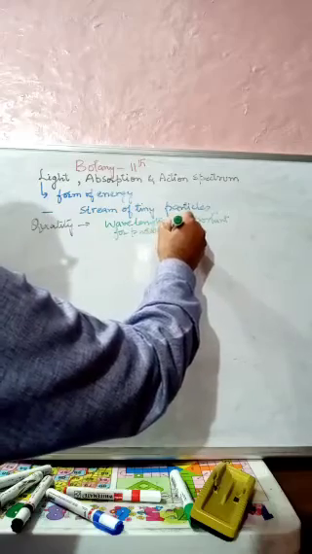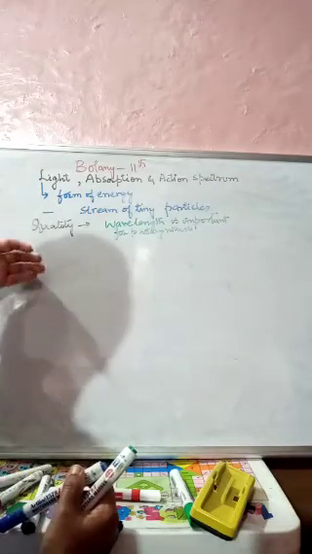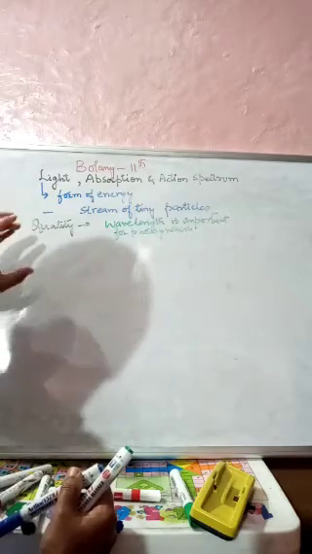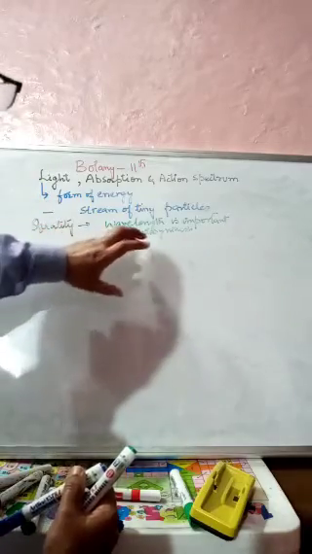Because we have studied all the different types of pigments. We have discussed chlorophyll, carotenoids, and phycobilins, and we know that these different pigments absorb different wavelengths.